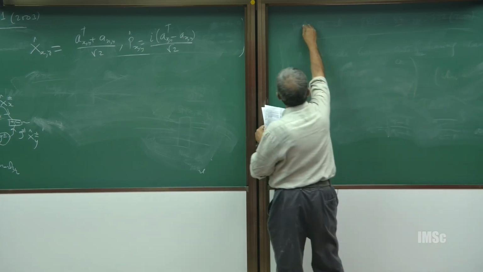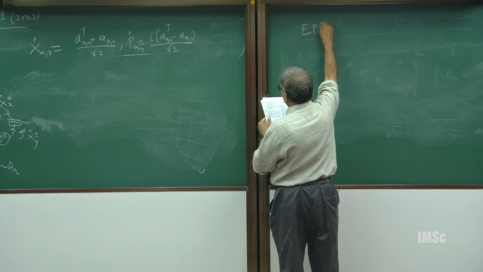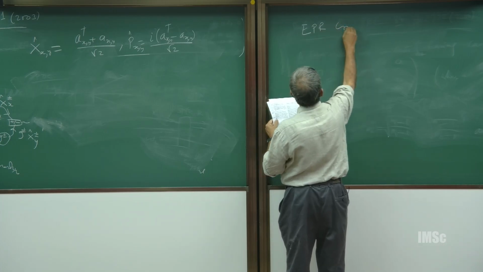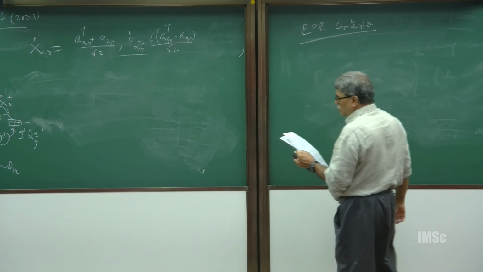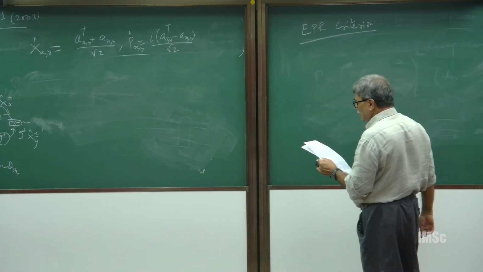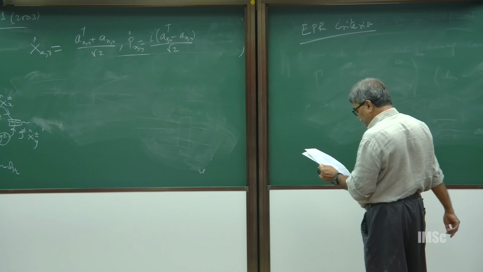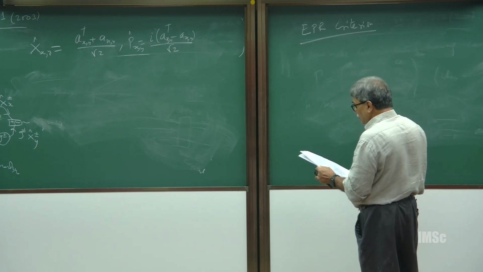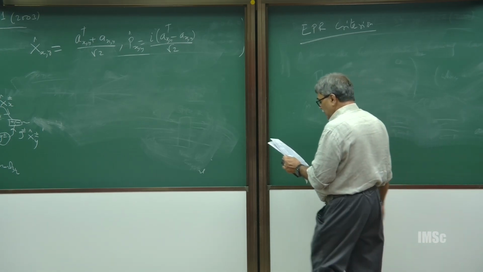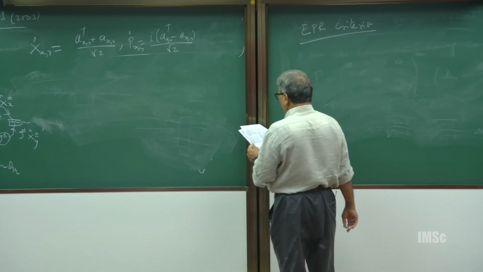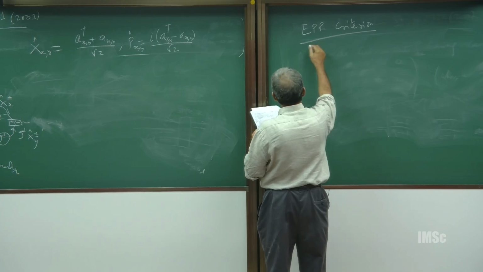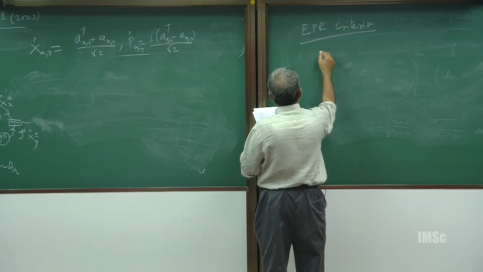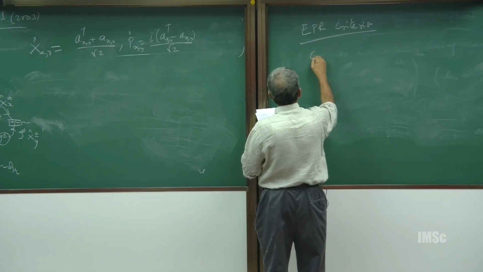So, this EPR, what is that called? EPR criteria. So, you define these, these are called conditional variances.